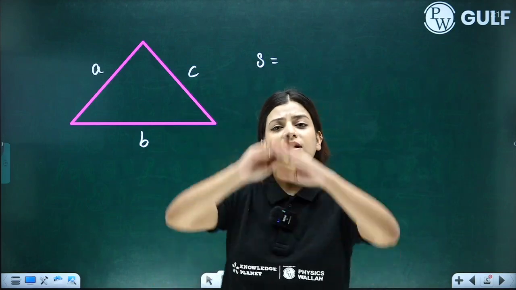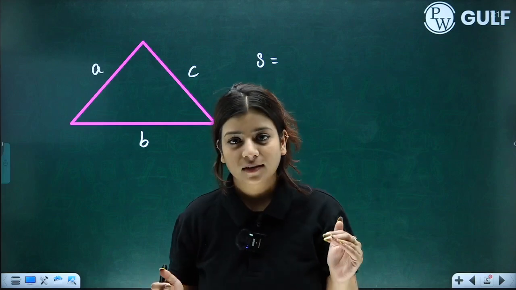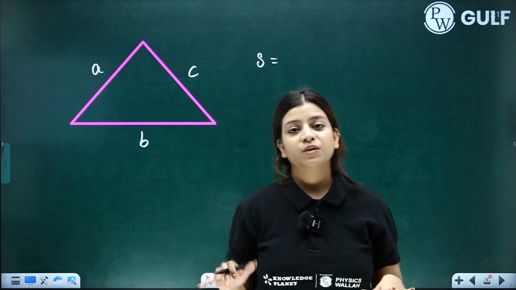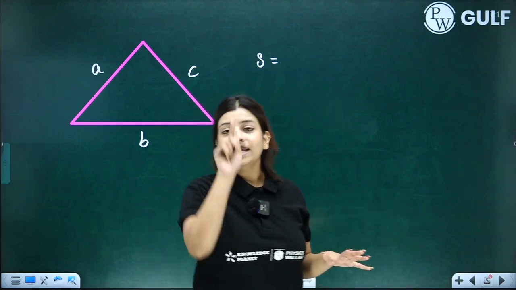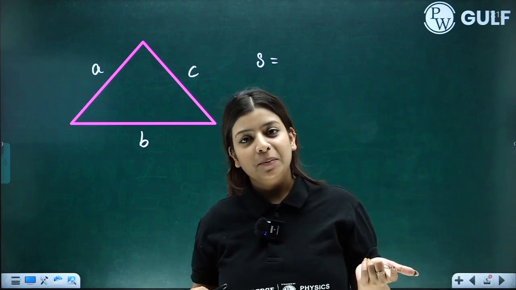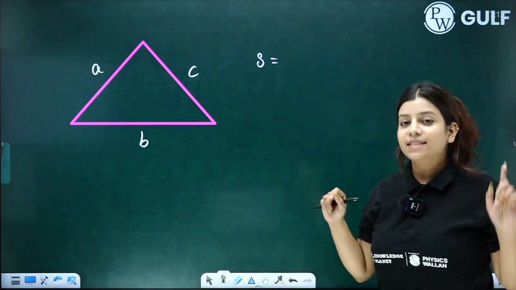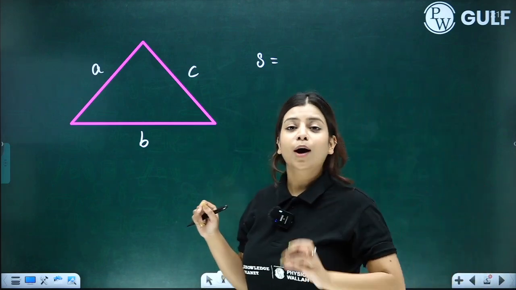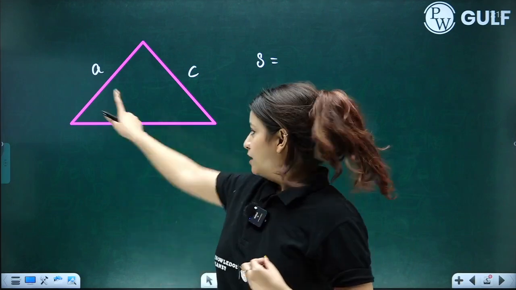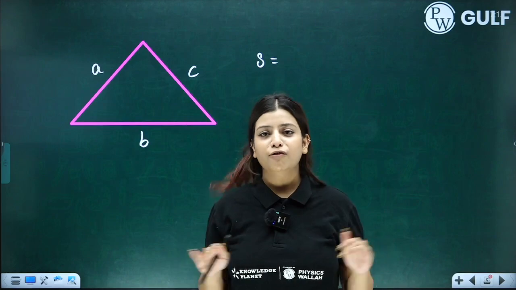We know that a circle is a full circle, and a semicircle is half of a circle. We know that the perimeter is the boundary of any object, any figure that is given to us, and the semi-perimeter will be half of that perimeter. So when we have to calculate the semi-perimeter, first of all, we should know how to calculate the perimeter. For this triangle, the perimeter can simply be calculated by the sum of all sides.